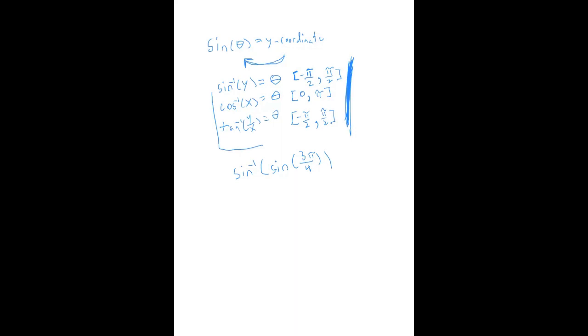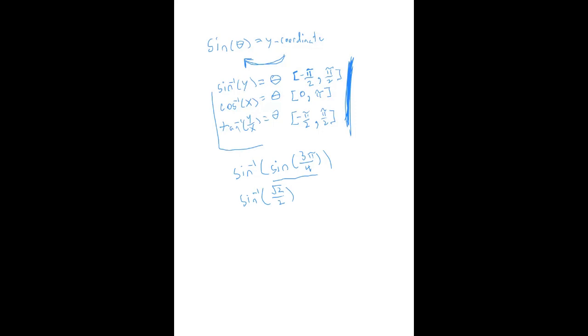Well, how do we figure this out? Well, can we simplify this at all? Yeah, I can simplify the inside. I know exactly what sine of 3 pi over 4 is supposed to be. That just turns into root 2 over 2. Great. So now it's just sine inverse of root 2 over 2.